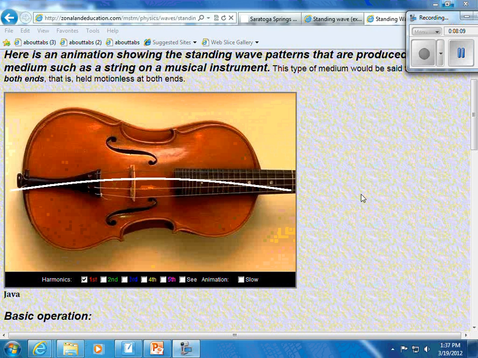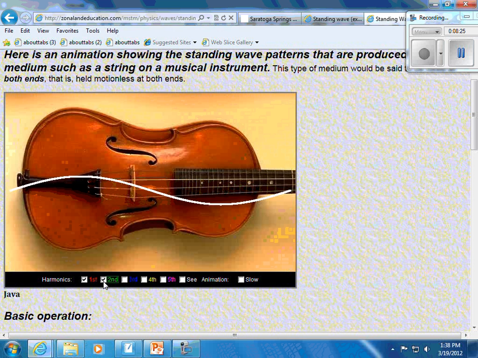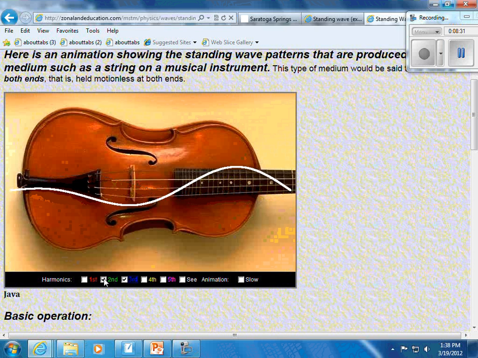Notice where the ends of the white line are. Again, they don't correspond to where they really would be on the violin. The next pattern that has ends of footballs there happens to be the second harmonic, with 2 footballs resonating. And then the next pattern is this, with 3 footballs resonating. Now, they only show half the footballs here, and then, of course, there's a 4th, a 5th, etc.